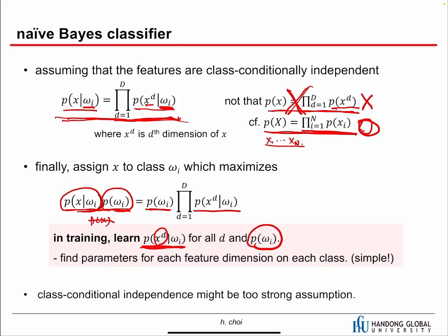You can use Gaussian distribution if you want, or if you think this feature is really complicated, then you can use a mixture of Gaussians. For one dimension, you can use a mixture of Gaussians. Anyway, you have one model for this feature dimension, and then you can estimate the parameters, and that's it.